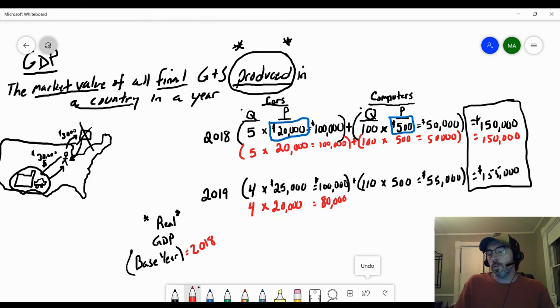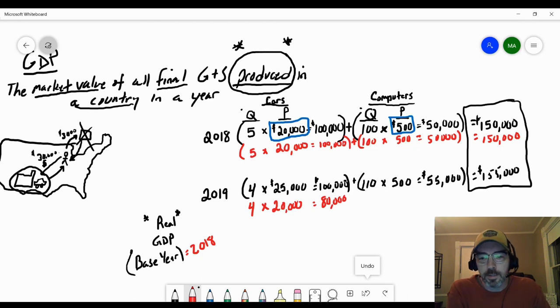Sometimes you hear this in the news, if you listen carefully. You'll hear someone say, using 2018 dollars. They'll say something like, the United States produced $80,000 in cars, measured in 2018 dollars. What they mean to say is we're taking the prices from that year.